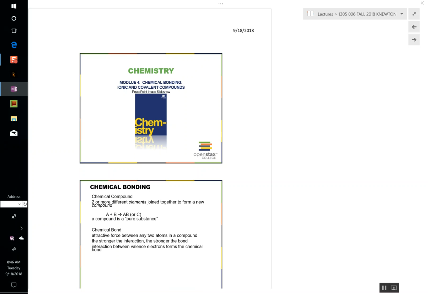You go, wow, they're both white. They're both solids. They're both soluble in water. But one is a covalent molecule, and the other one is sodium chloride ions. They're soluble in water for different reasons. And they are different.